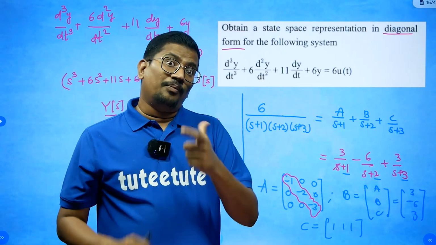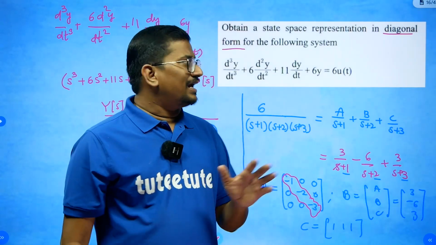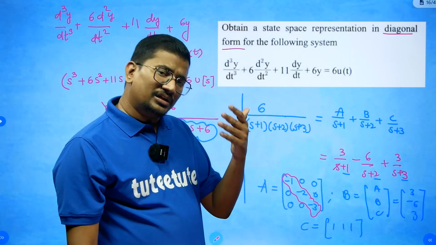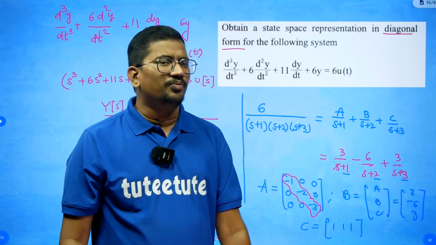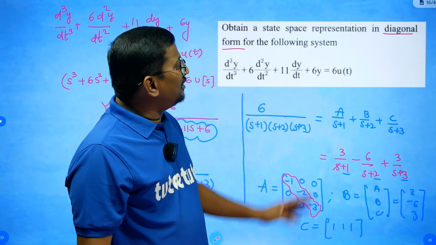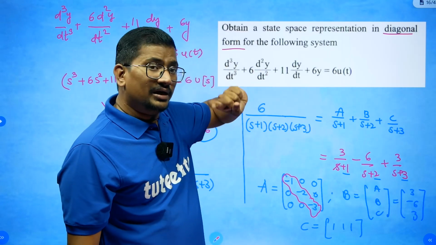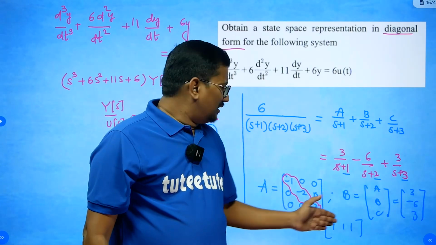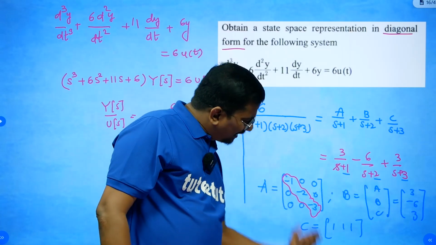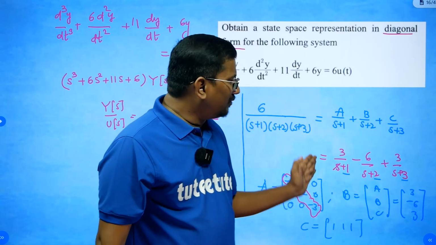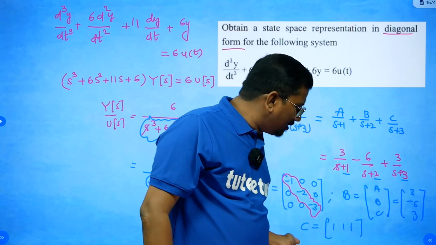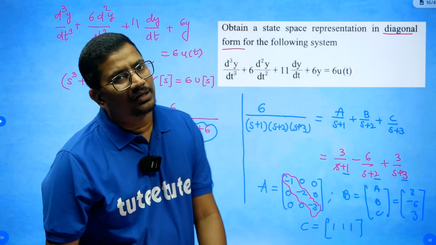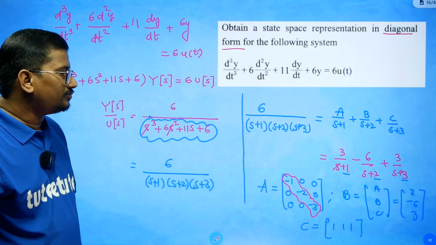On the other hand, we have complex roots. That is also another method. But as of now, from the GATE point of view, or GENCO, TRANSCO, any PSU point of view, you will be having diagonal form only, like this directly. You do partial fractions, put the pole values in the diagonal form, the rest are all zeros, and whatever the A, B, C values are, you put them in the B matrix, and the remaining you put 1, 1, 1. That is the matrix you have to get. Okay?